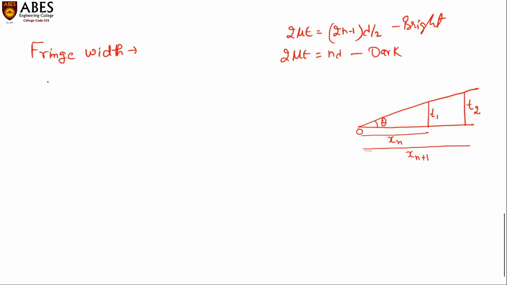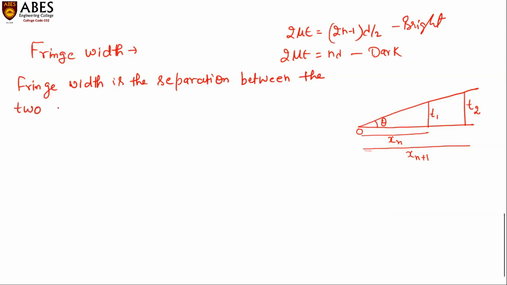So fringe width can be considered, suppose, as the separation between the two successive bright or dark fringes.